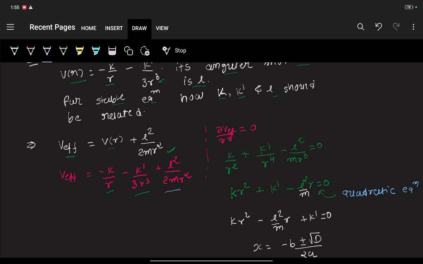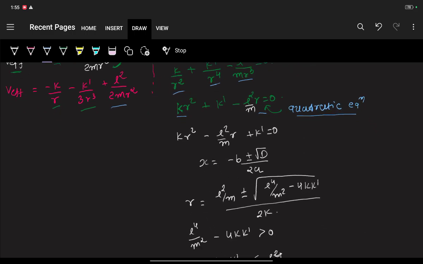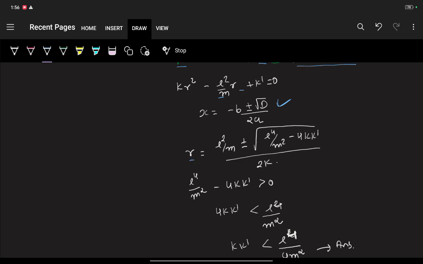For stable equilibrium, we need to differentiate it. So after differentiation, we will get this thing, okay. And after multiplying it with r^4, we will get this expression, which is nothing but a quadratic equation. So by rearranging this term and applying Sridharacharya's formula, x = (-b ± √D)/2a, we will get this expression.